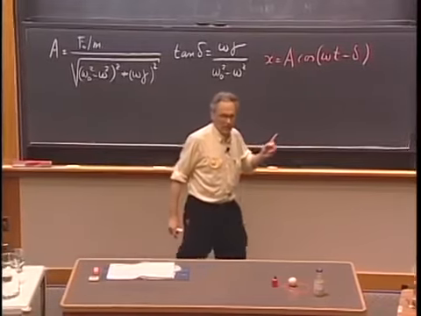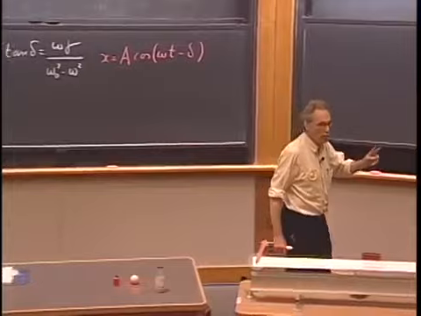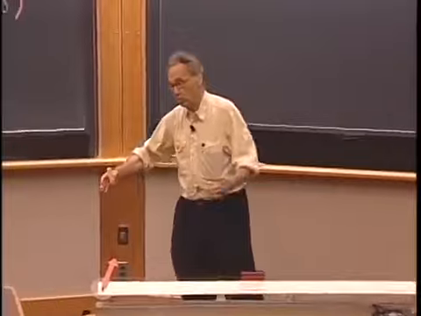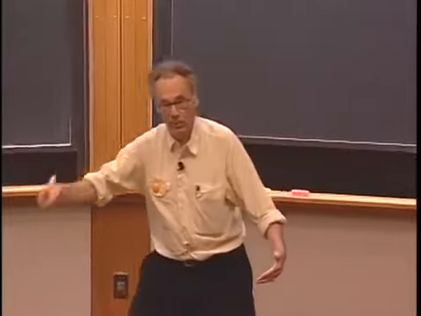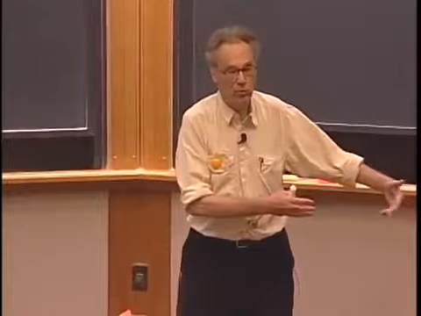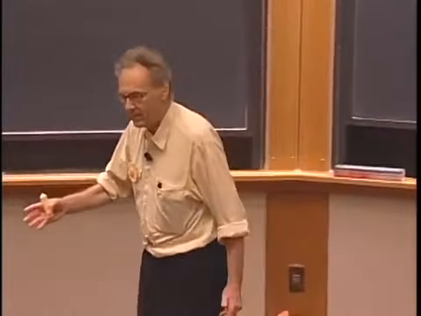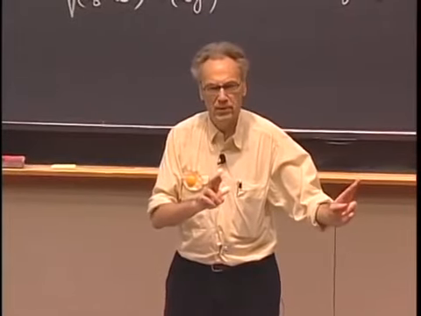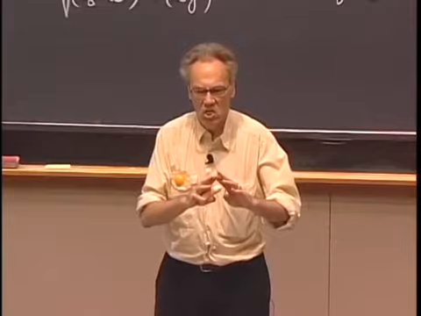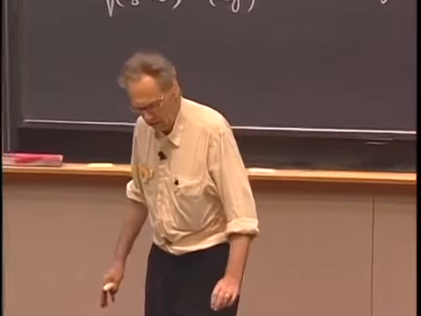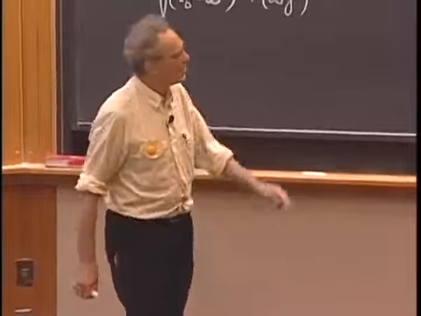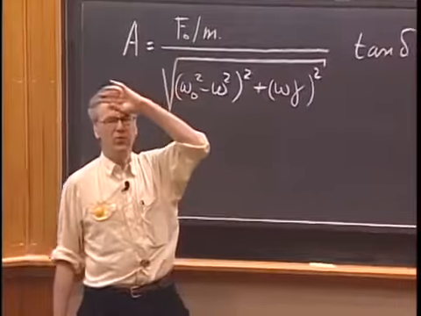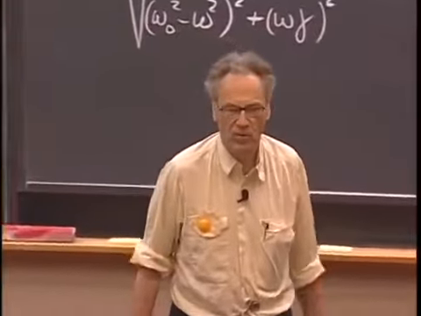Notice that there are no two adjustable constants, which we were so used to in the past. In the past we said, well, you can start the system at t equals 0, you can define the position, you can give it a certain velocity. So you always expect that in your solution there are two adjustables in order to meet the initial conditions. There are none here. And the reason for that is that this is a steady state solution, which means the system doesn't even remember anymore what the situation was at t equals 0.